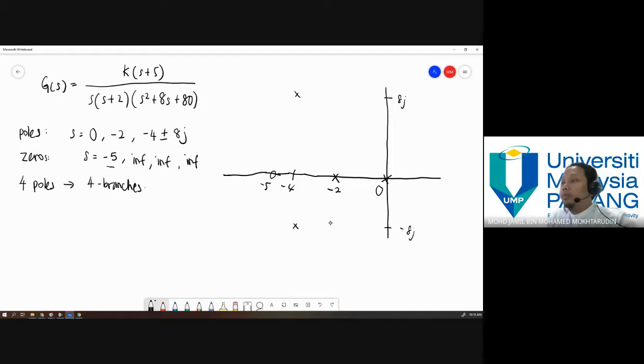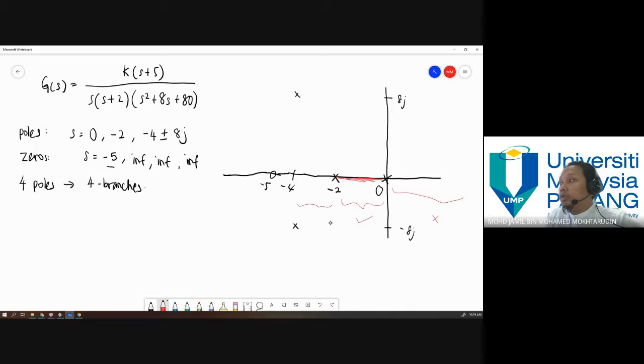Now we need to find on which real axis sections there will be root locus. From here there are no poles or zeros, so we don't have root locus here. At this section, we only have one pole before this section. One pole is an odd number, so you will have a root locus on this section. On this section, we have one pole and another one pole here.